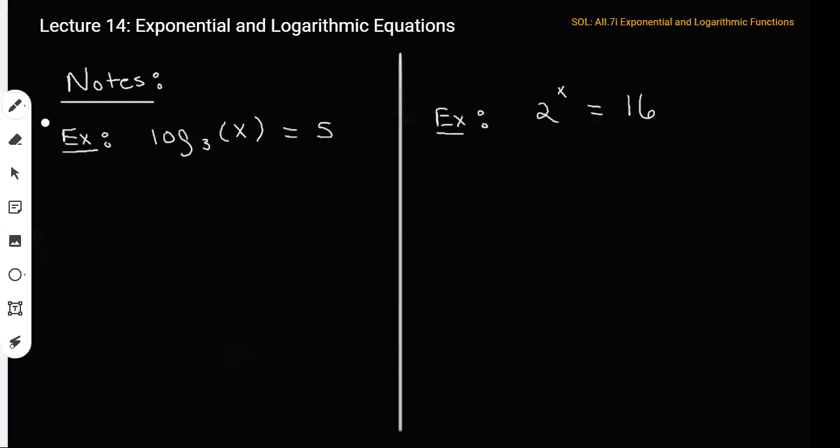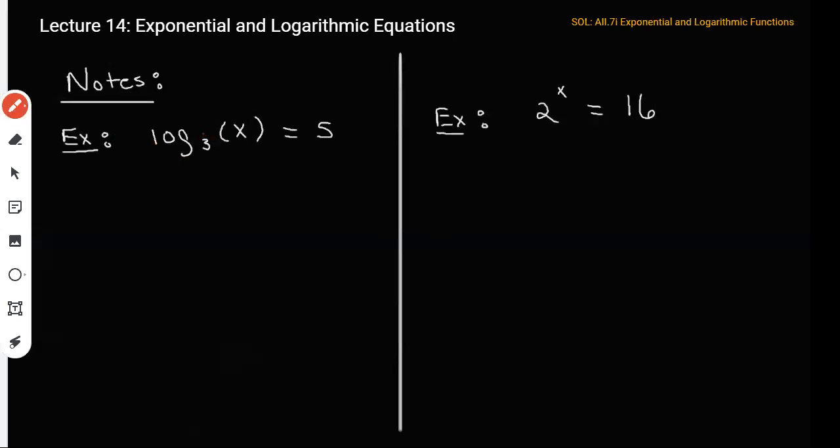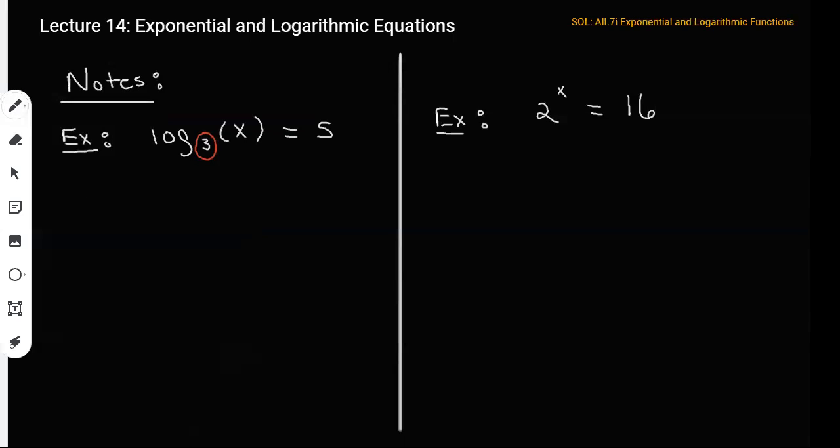So right here, what is our base going to be? Our base is going to be a 3, right? So when I do my exponential equation, I'm going to start off with a base of 3 and go from there. And I'm going to use a base of 3 on both sides.